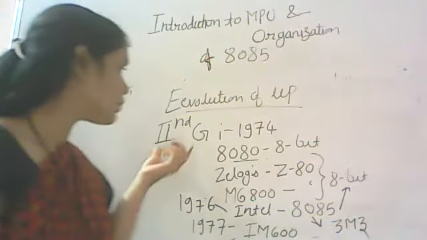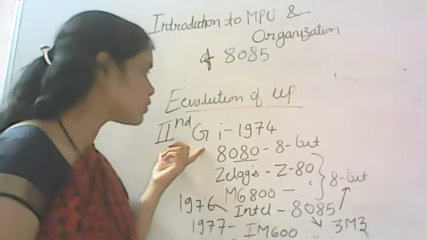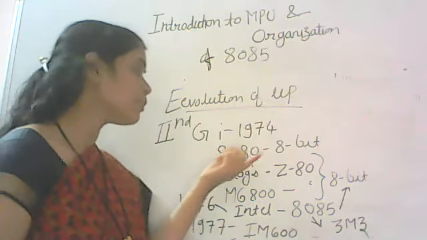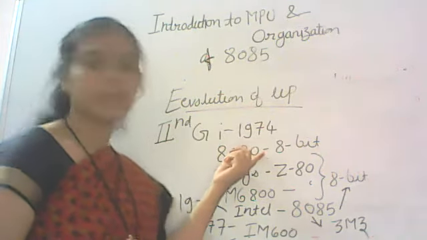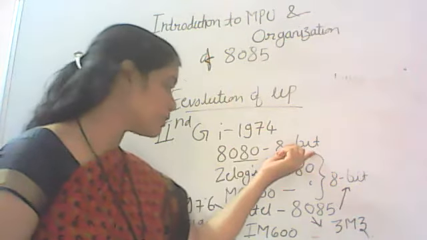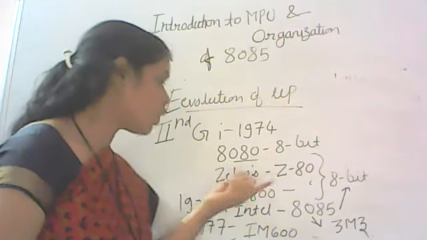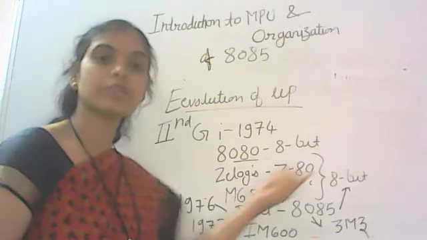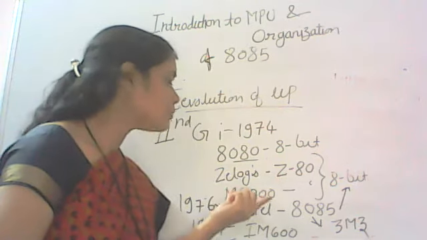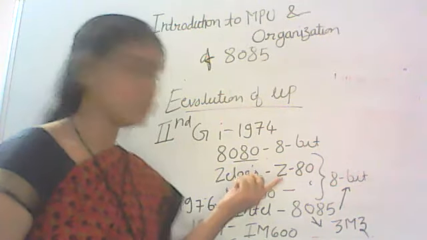Before that, again I'm repeating the second generation. The second generation started from 1974, when Intel introduced the 8080 8-bit microprocessor. Zilog and Motorola also introduced 8-bit microprocessors, the Zilog Z80 and Motorola M6800.